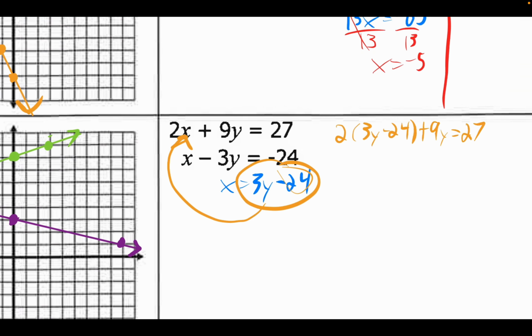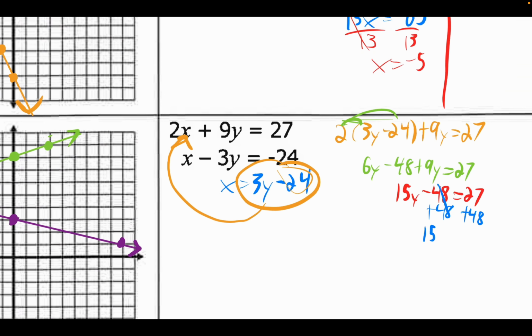So I distribute the 2, and I get 6y minus 48 plus 9y equals 27. Combining like terms, I get 15y minus 48 equals 27. And if I add 48 to both sides, I get 15y equal to 75.